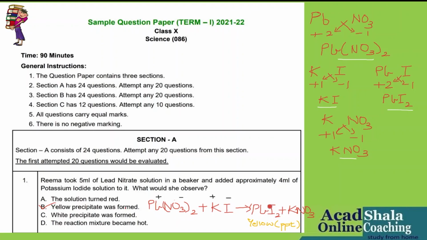This reaction is a precipitation reaction because we are seeing the precipitate, and it is a double displacement reaction too. So my correct option, according to whatever I've solved, goes with option B. So B is the correct option according to this question. Yellow precipitate was formed. Let's go to the next question.